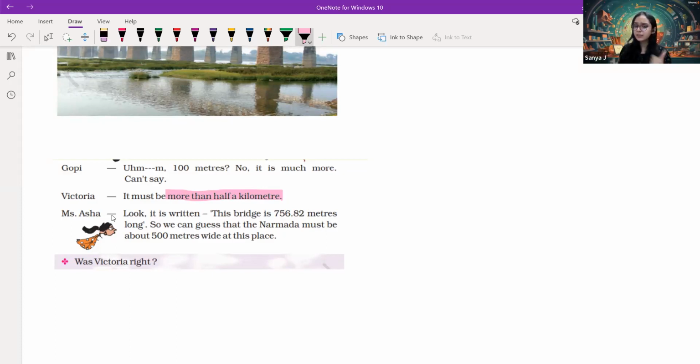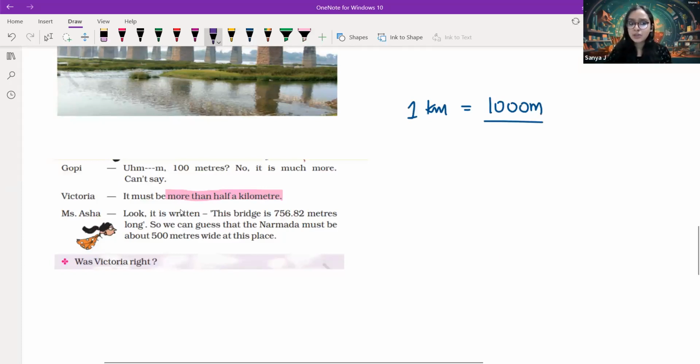Was Victoria right? Let's check her answer. Victoria says more than half a kilometer. So in 1 kilometer, how many meters are there? Just take a guess. In 1 kilometer, we have 1000 meters. And she says that it must be more than half a kilometer.